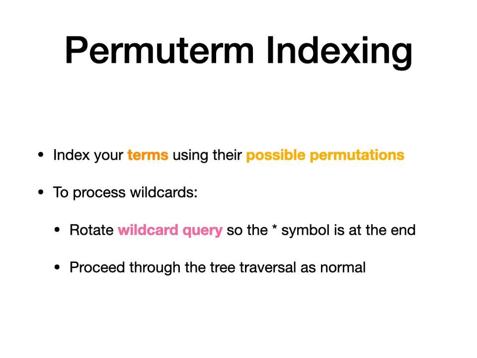So if you index your terms using all of their possible permutations, we can then process the wildcards by rotating the wildcard query so that the wildcard symbol, the asterisk, is at the end. And then we do the search as normal. We traverse the tree as normal. So let's look at this. Permuterm index would contain such.